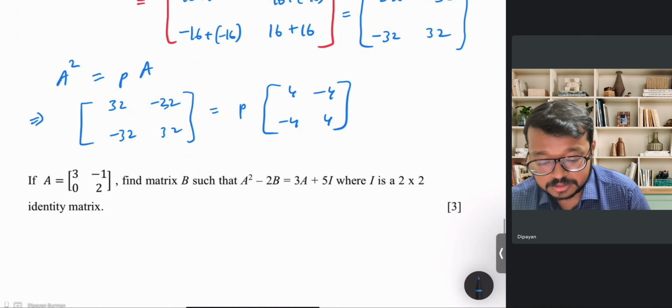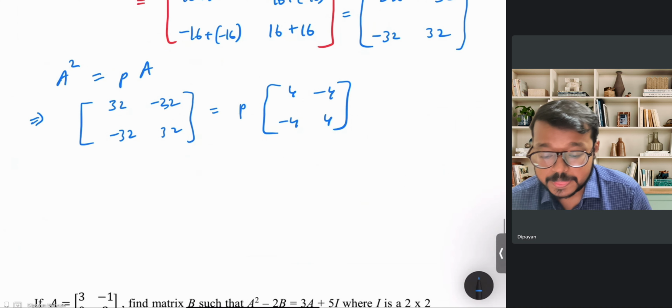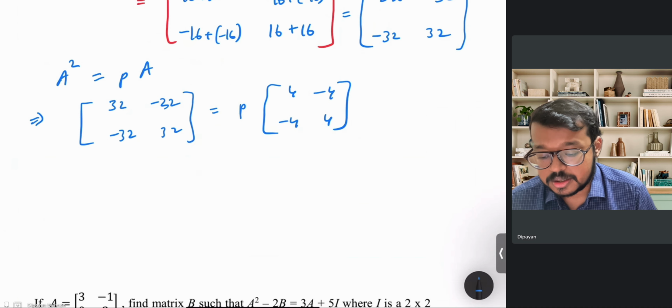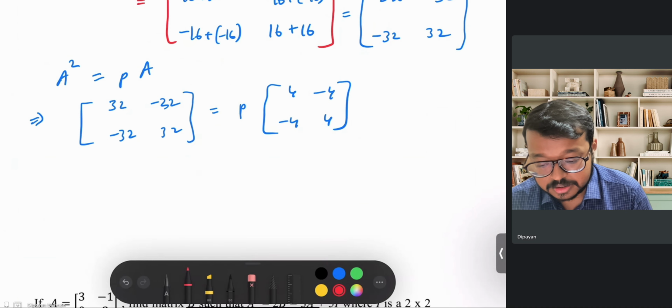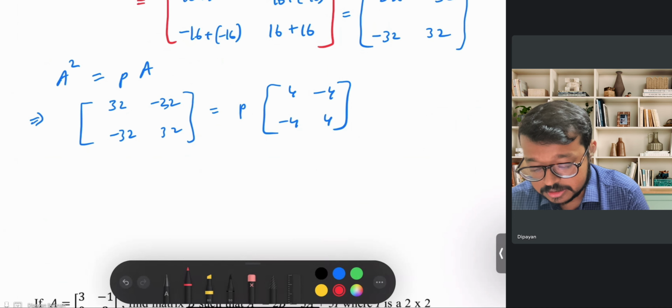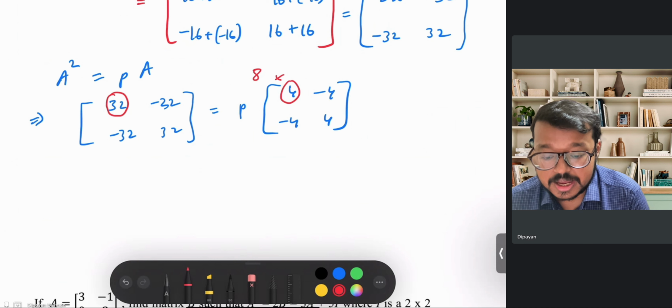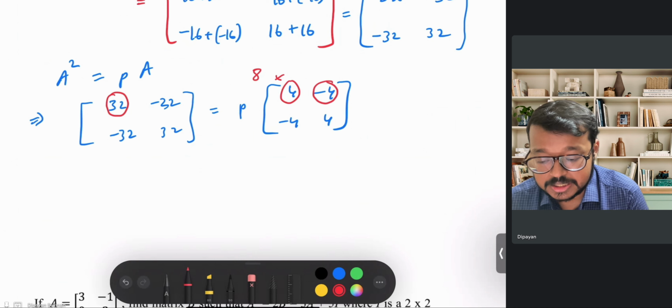So then I see that if I compare this 32 and this 4, 4 times 8 is 32, and minus 4 times 8 is also minus 32.